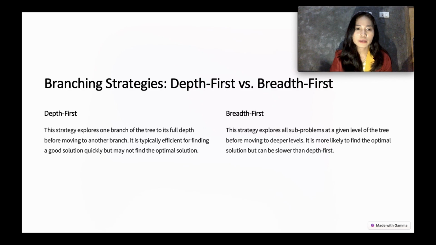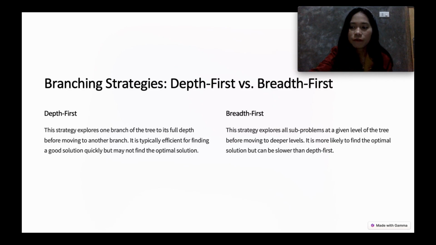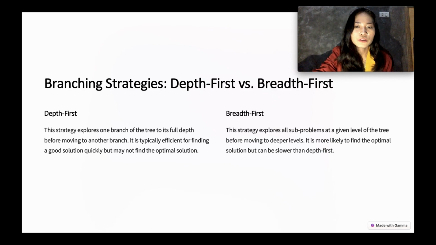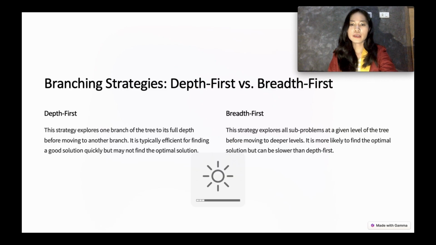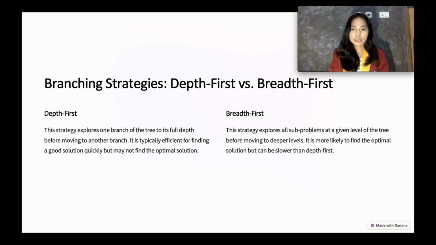It is typically effective for finding a good solution quickly, but might not find the optimal solution. And breadth first. This strategy explores all subproblems at a given level of the tree before moving to a deeper level. It's more likely to find the optimal solution but can be slower than depth first.